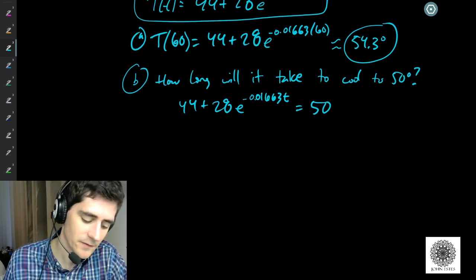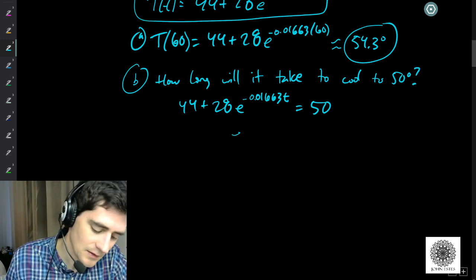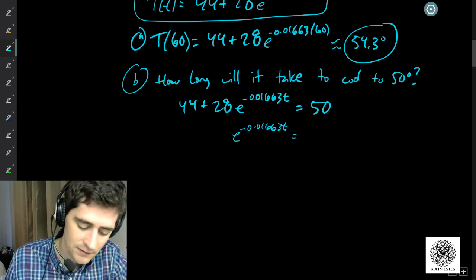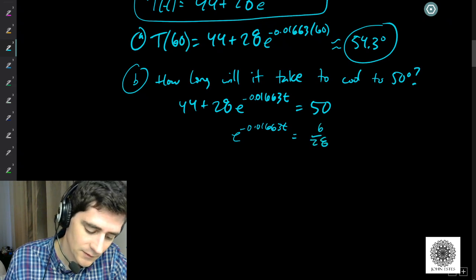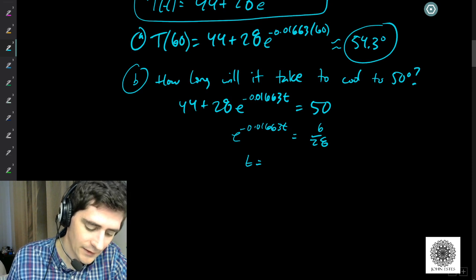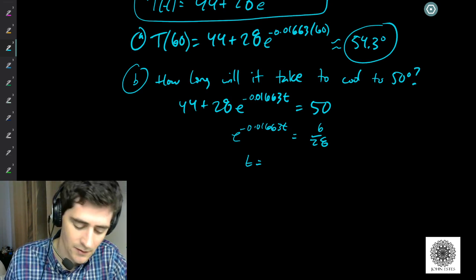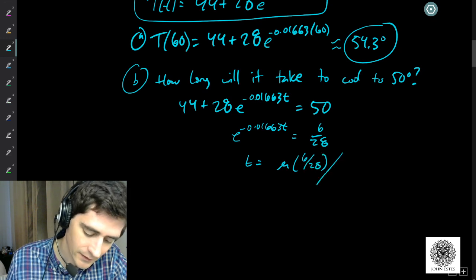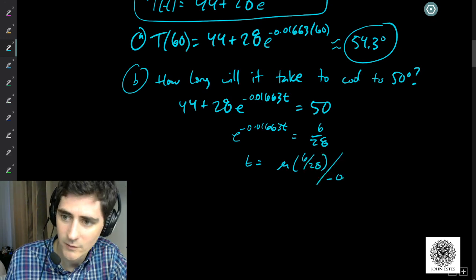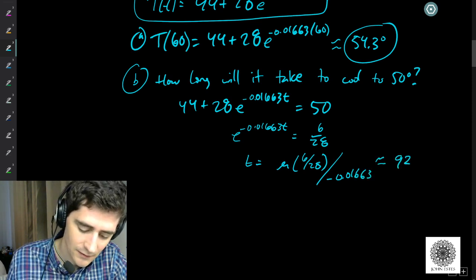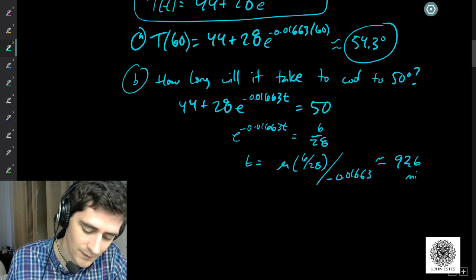You subtract the 44, you get 6. So you get e to this power equals 6 over 28. So then t is going to be the ln of that divided by this weird power here. So you get ln of 6/28 divided by negative 0.01663. And you get approximately 92.6 minutes.